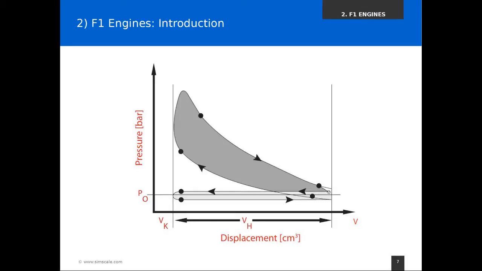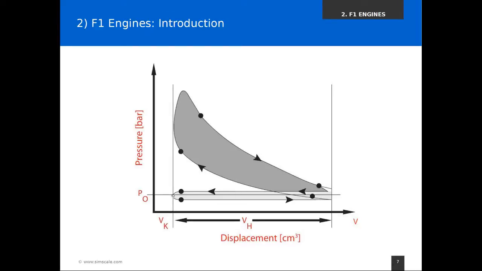So the exhaust valve opens while the inlet valve stays closed, and when the exhaust valve opens, that means that the pressure which is felt by the gas is basically ambient pressure, so it's quite low. The pressure stays constant, and the piston just does one movement all the way up again while pushing out this burnt gas mixture.